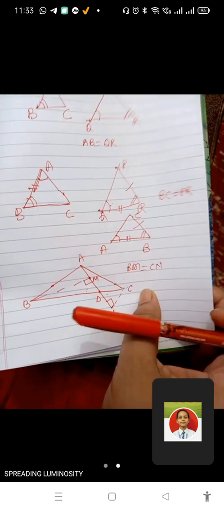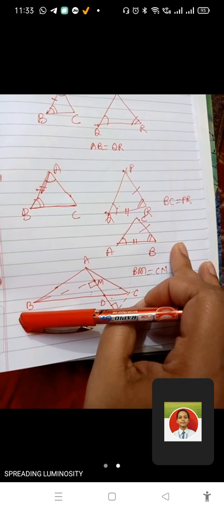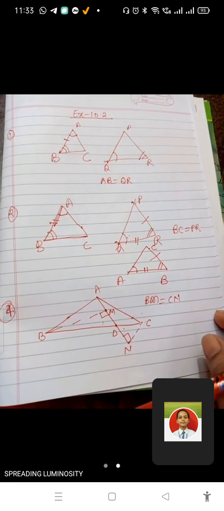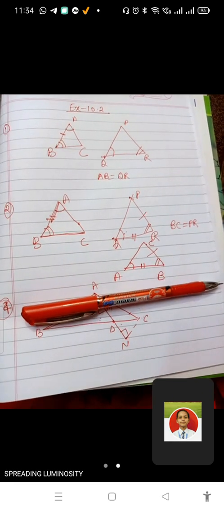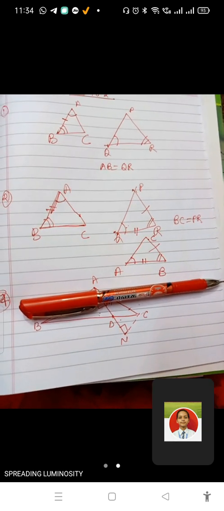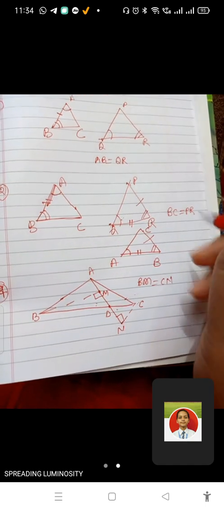Median means, do you know what is median? I have explained what is median. In the beginning of this chapter, I have explained the median and the altitude.